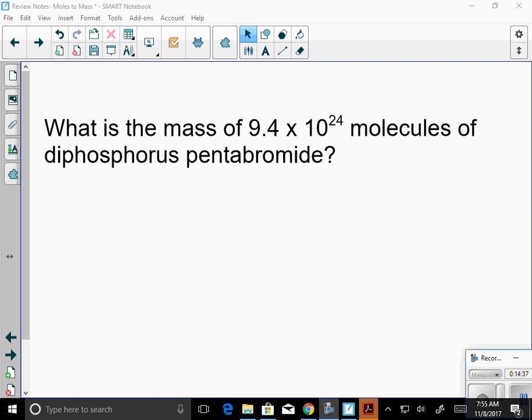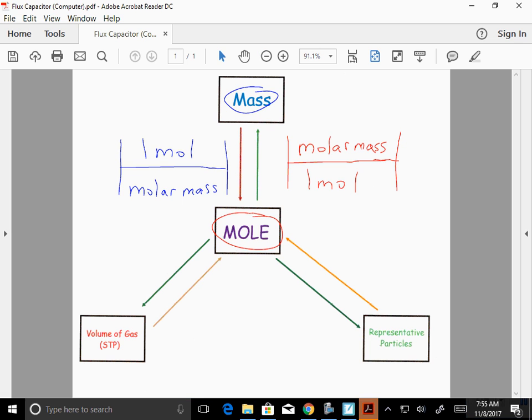Now for this particular problem, I'm going to pull back up my flux capacitor. Doesn't erase very good, but hey, nonetheless. Now, we were given a value. And that value was labeled what? That value was labeled molecules, correct? So where am I starting at? I'm down here at representative particles.